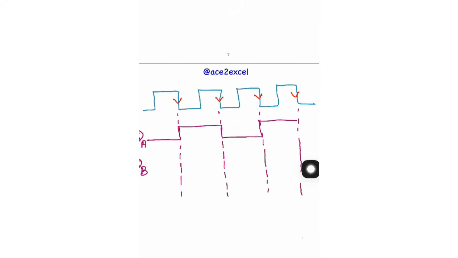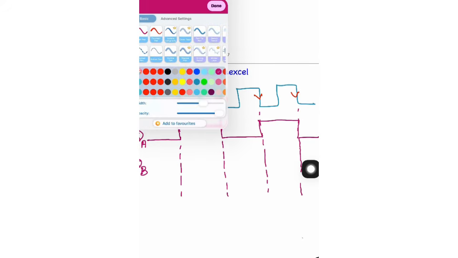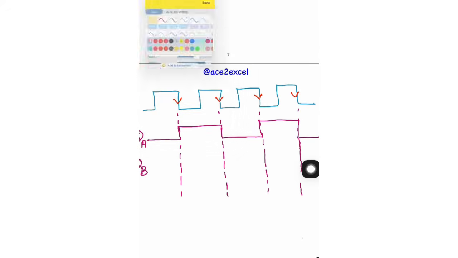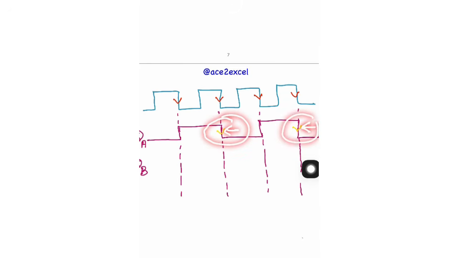The system will change the state at every negative edge. Now, this QA's output is clocked to QB. So we need to mark the negative edge of QA so that we can come to know where the negative edge of QA is. At these highlighted points, QB will change its state.